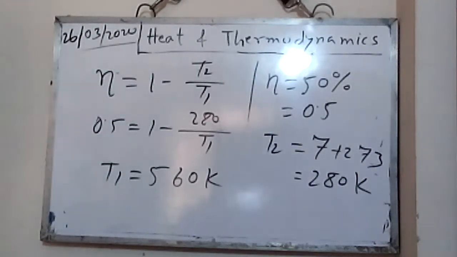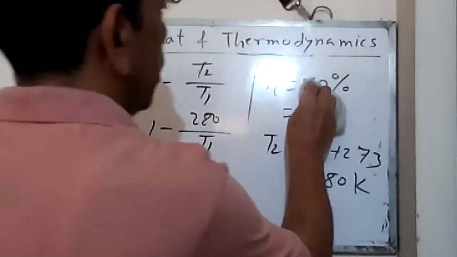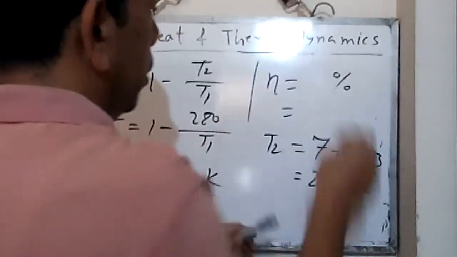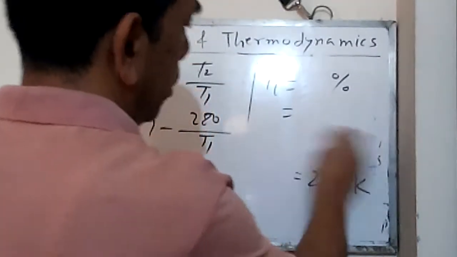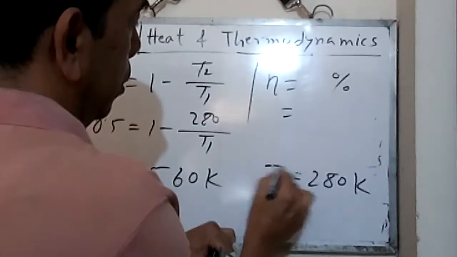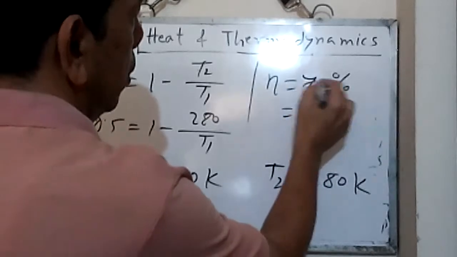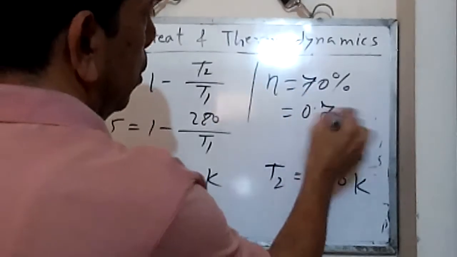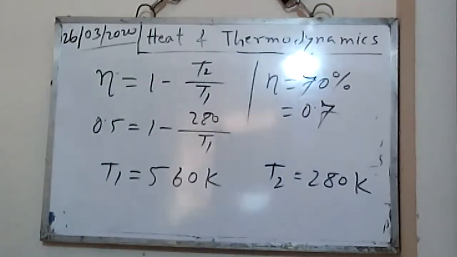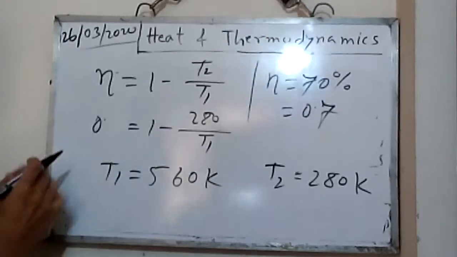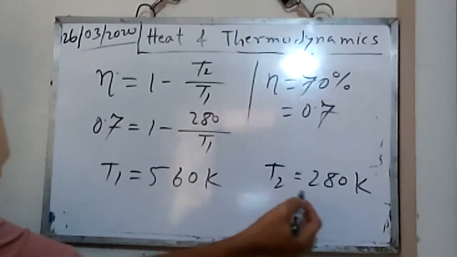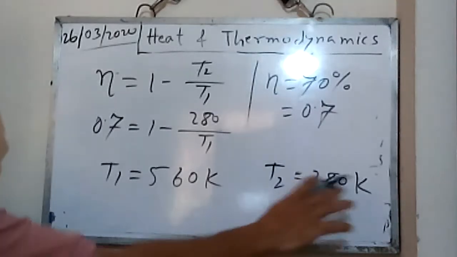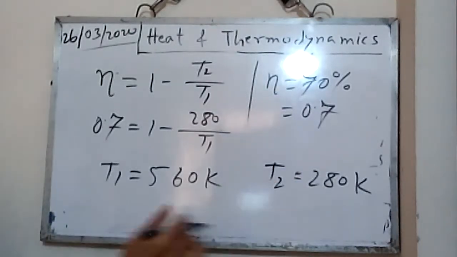Therefore 70%, with T2 equal to 280, it's okay.